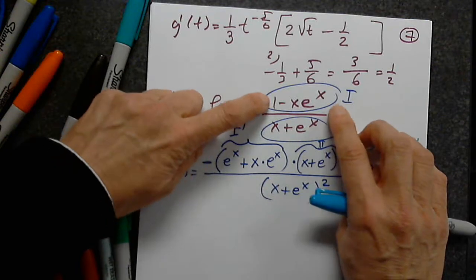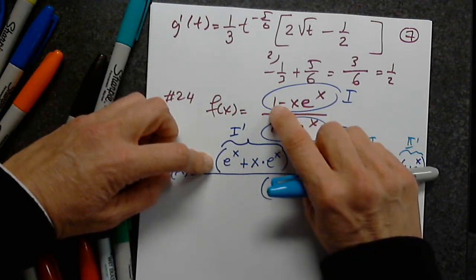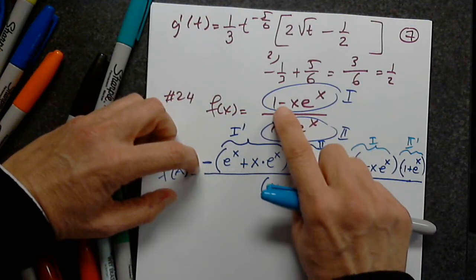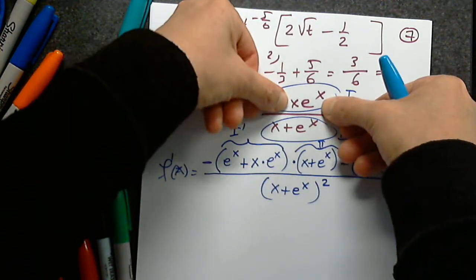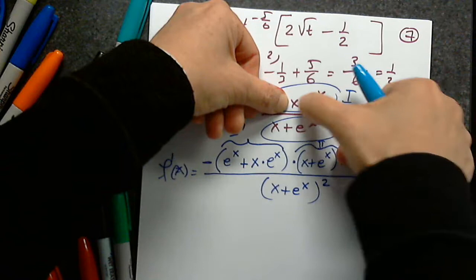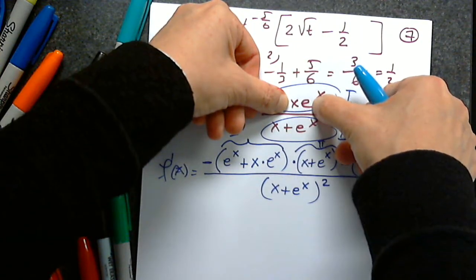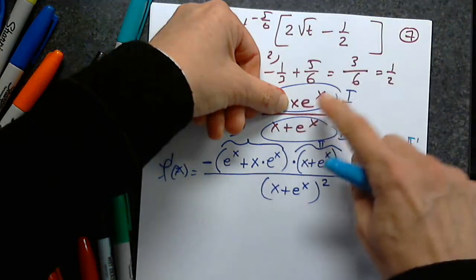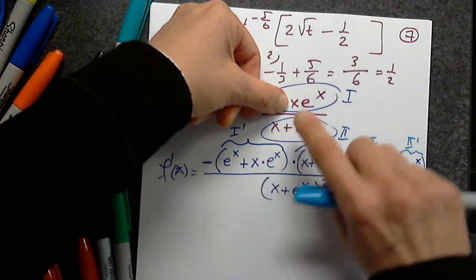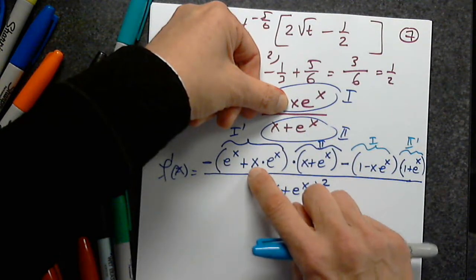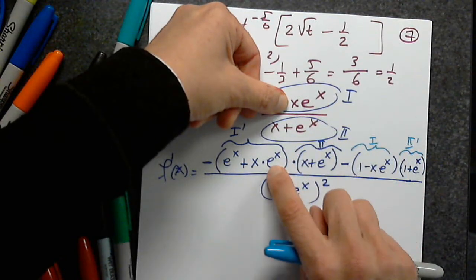So when I differentiated the top function, 1 prime is 0. I had to copy this minus. And now I have to apply the product rule on this. First function times the second function. The first function prime is 1 times e to the x. But I have to write plus. The first function gets copied, and I differentiate the second one, which turns out to be still e to the x.